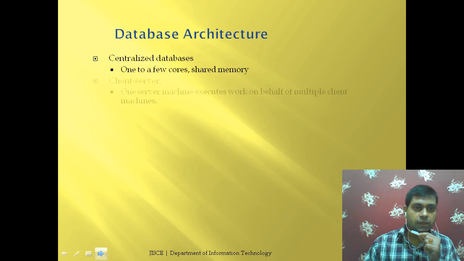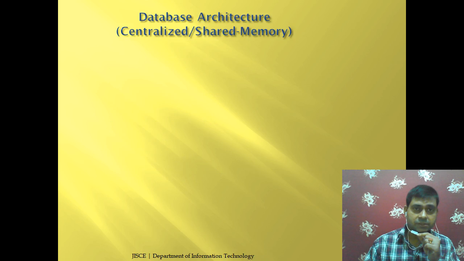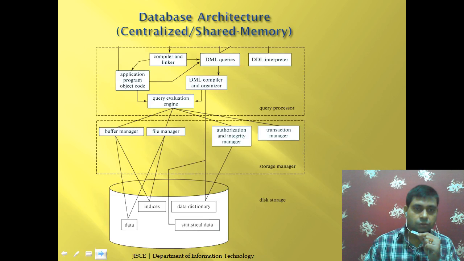Coming again to the database architecture, there are a few different types: centralized database, client server database, parallel database, and distributed databases as well. If we talk about the centralized and shared memory database, we can look into this.